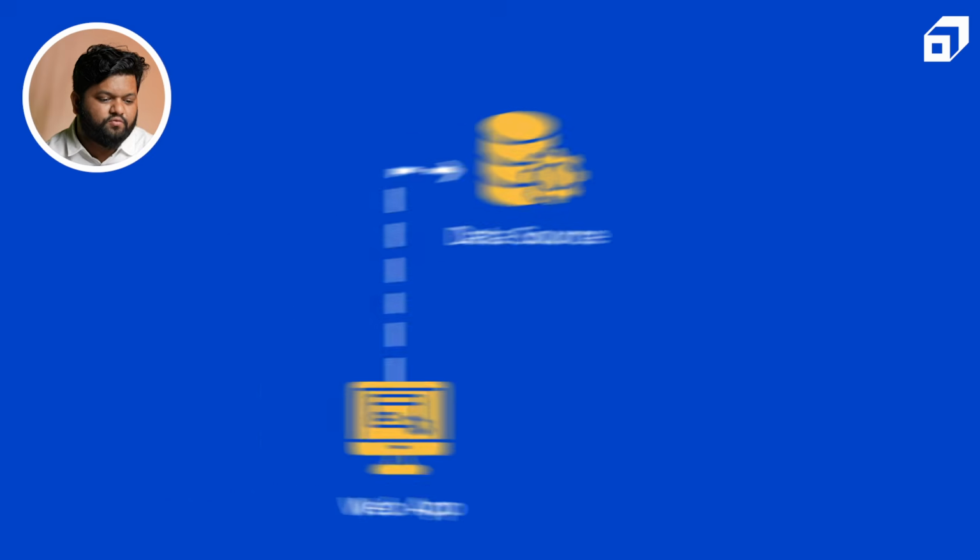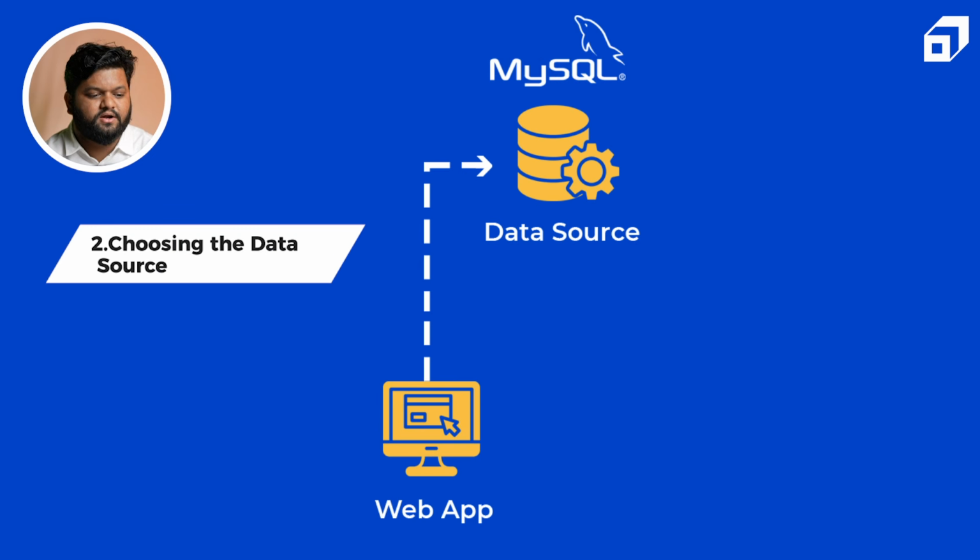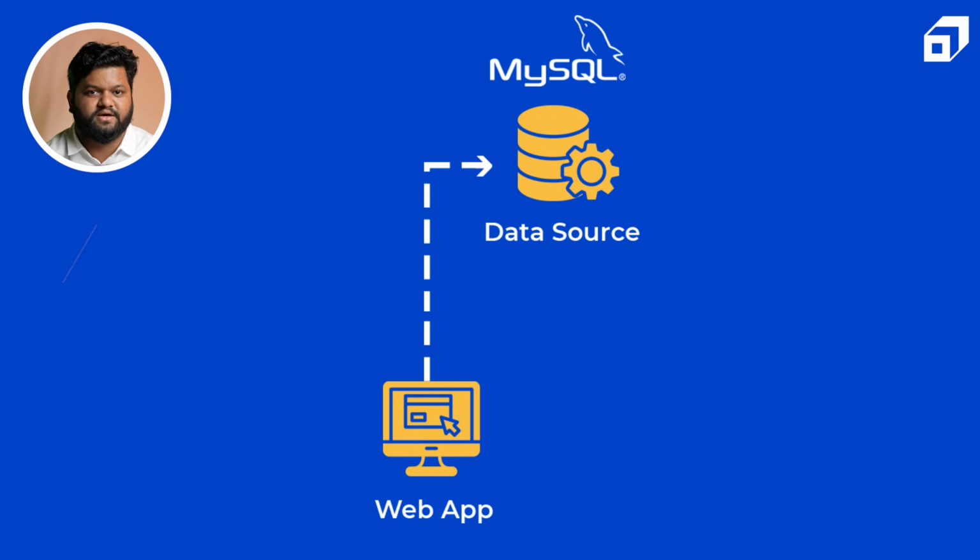So as discussed, first, let's say you got all the understanding related to the data domain. Now the second point was to choose the data source. Here we are trying to pull the data from a transactional database like MySQL.